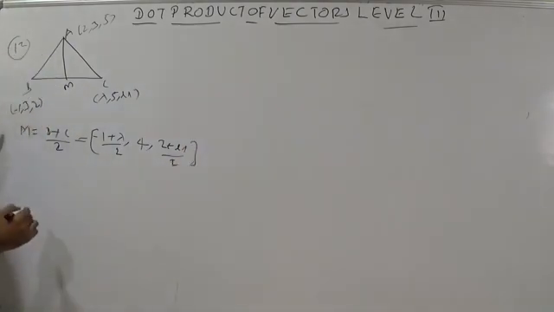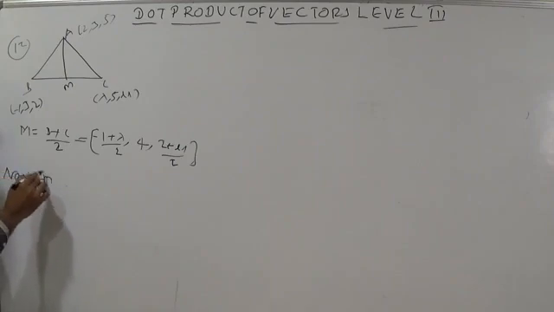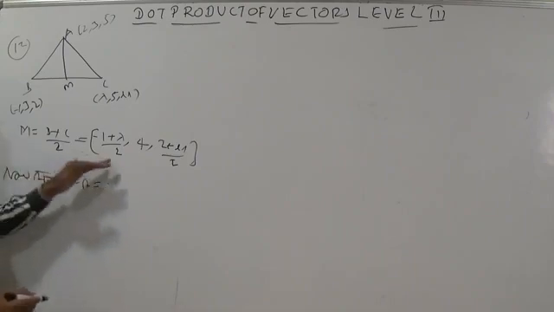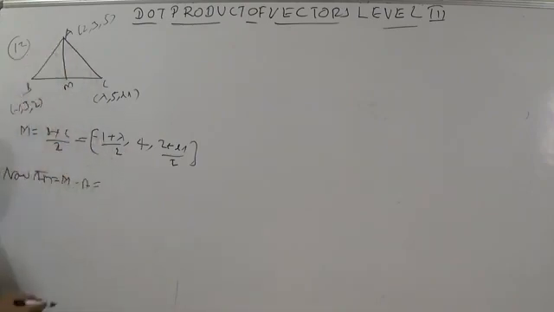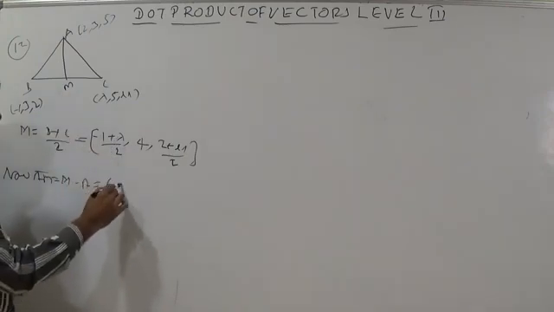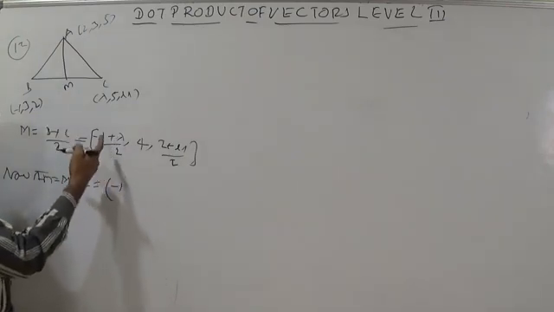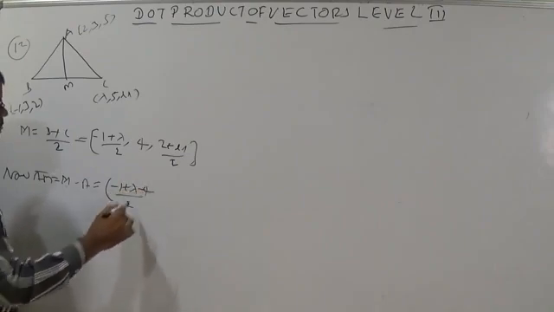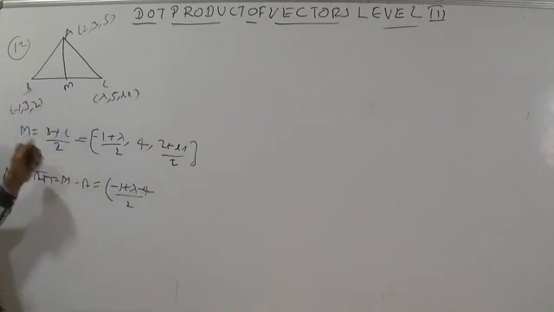He is asking about AM. Now AM I am writing. AM means M minus A. Taking (-1 plus lambda) by 2 minus 2, so (-1 plus lambda minus 4) by 2, that is (-5 plus lambda) by 2.